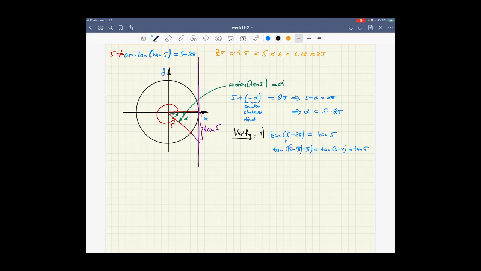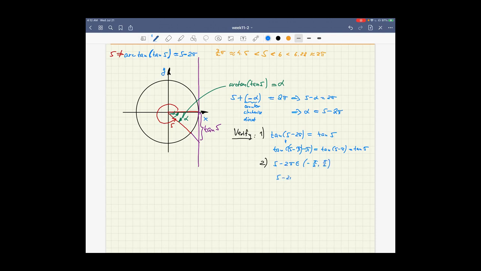And second, we need to verify that 5 minus 2 pi is in the desired range. 5 minus 2 pi is in the range of arctangent, which is negative pi over 2 to pi over 2.